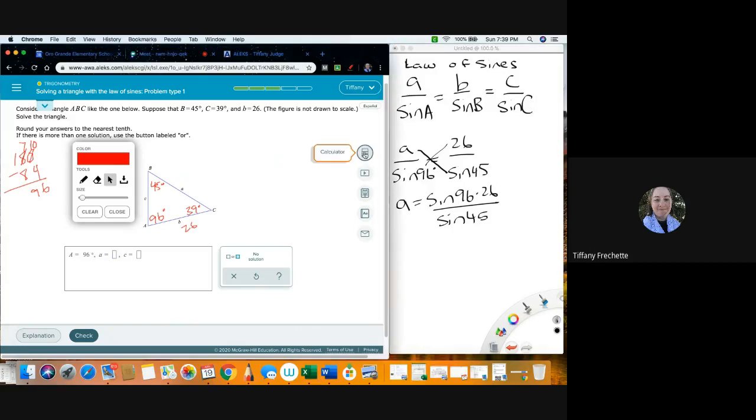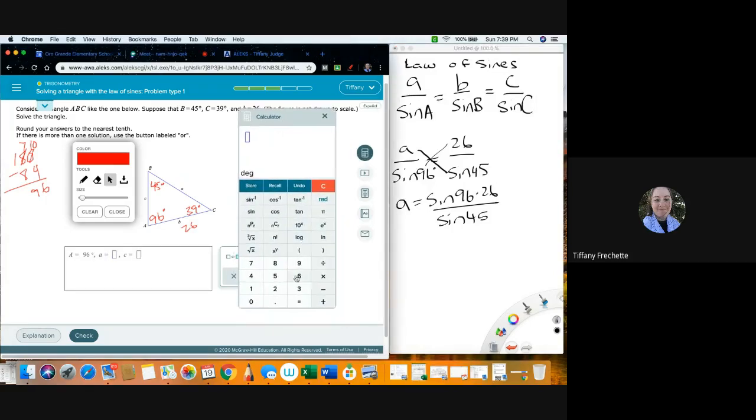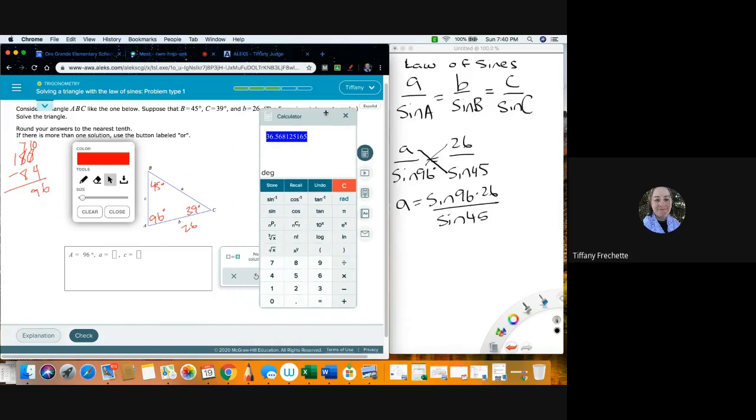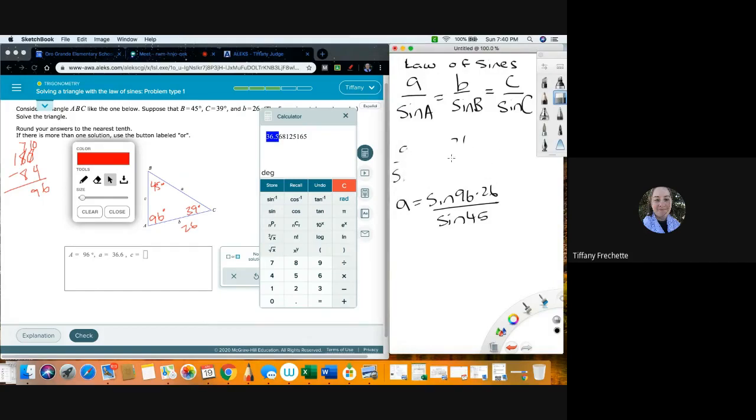All right, so let's go to our calculator, and we have sine 96 times 26, highlight the whole thing, divide by sine of 45 equals. Okay, so we're going to round to a tenth, which is here. 6 is bigger than 5, so I'm going to round this up to 36.6. Okay, one more time.